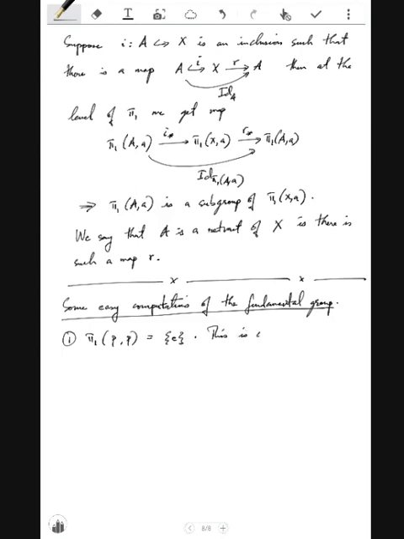This is clear because in this case, x is just a single point P, and the loops at P is just one map, which is a constant map. So obviously pi 1 has just one element, and so this is trivial.